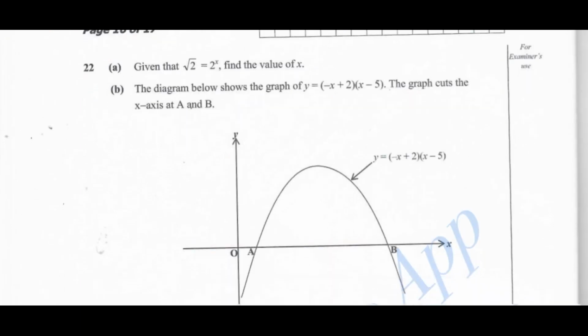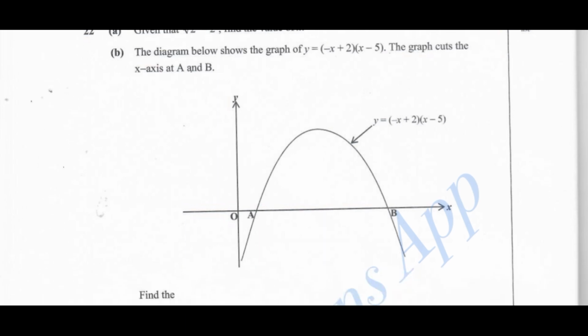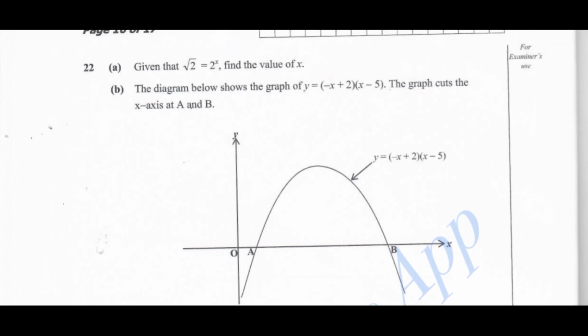Then we go to question 22a. Given that the square root of 2 is equal to 2 raised to the power x, we need to get rid of the square root here. How can we get rid of the square root?